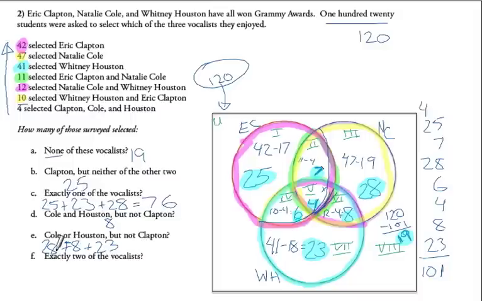So what do we got here? Looks like 59 total.